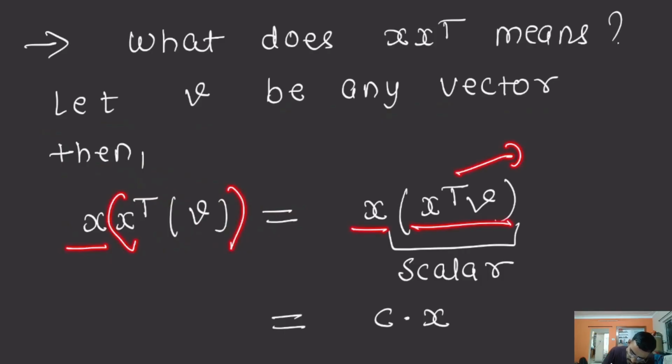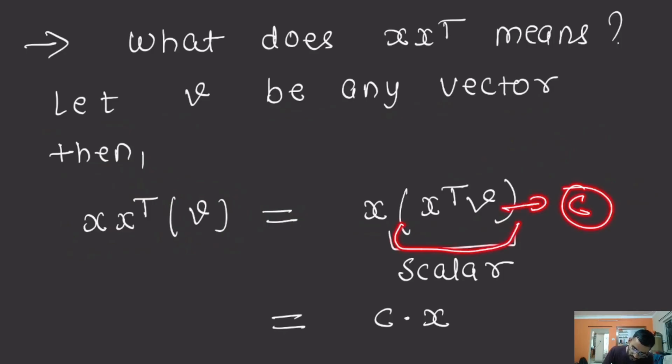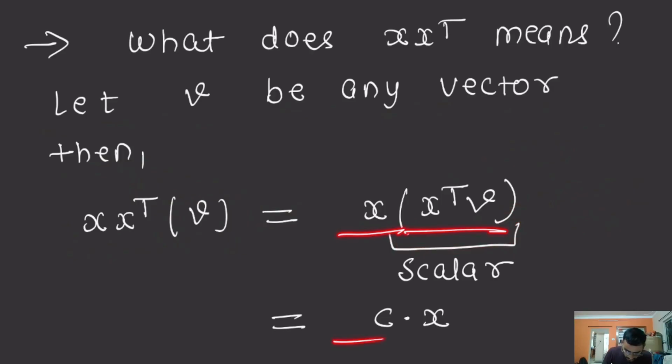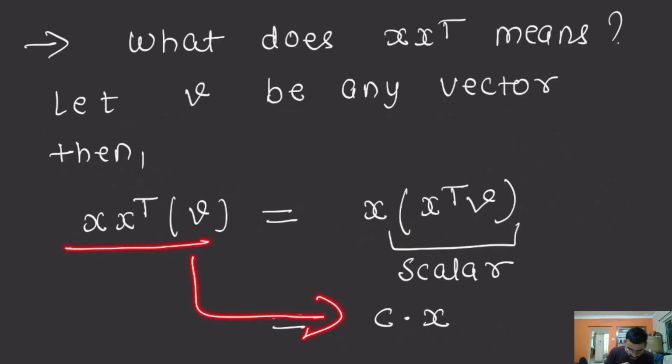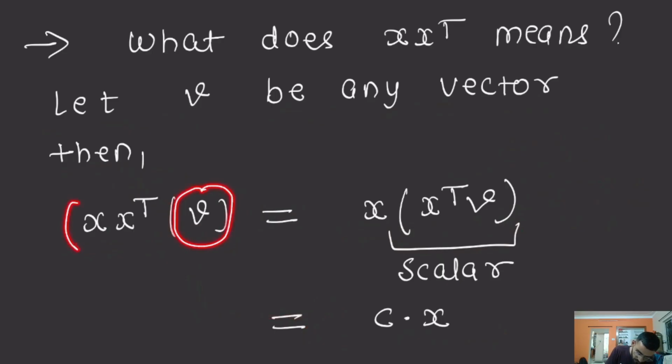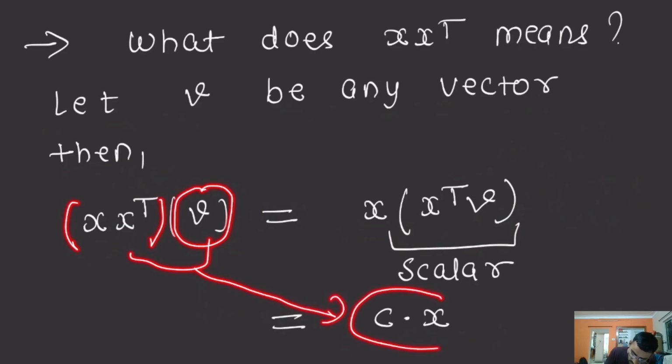Since this x transpose V is an inner product of x with V, and we know that an inner product is always a scalar quantity, if we take this term as C, then we get C into x. So xx transpose V is equal to C into x, which means if we take any vector V and multiply it with xx transpose, we get another vector in the direction of x only.